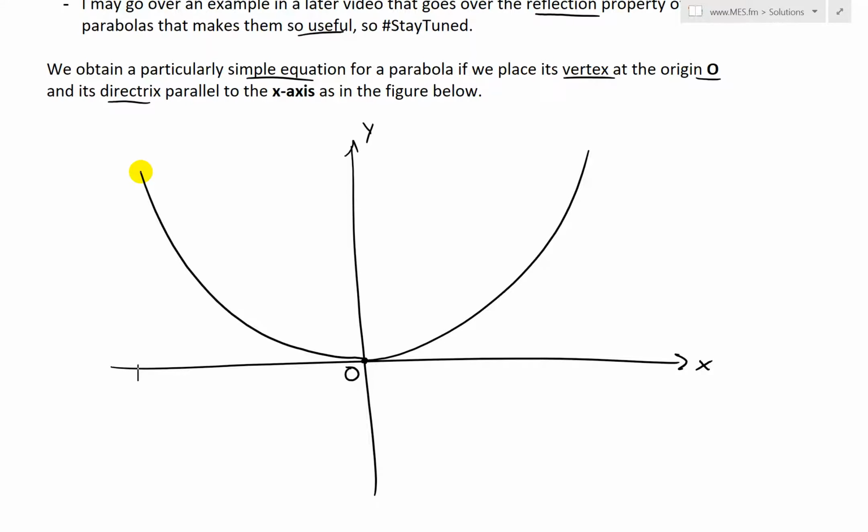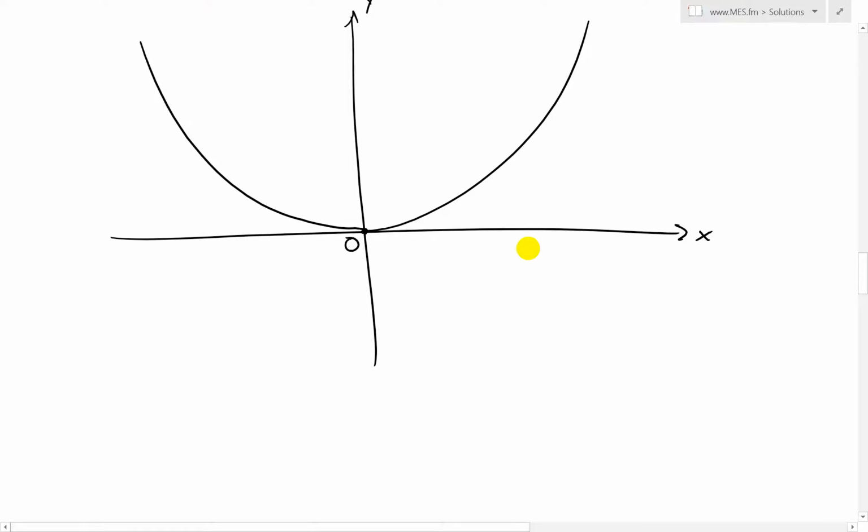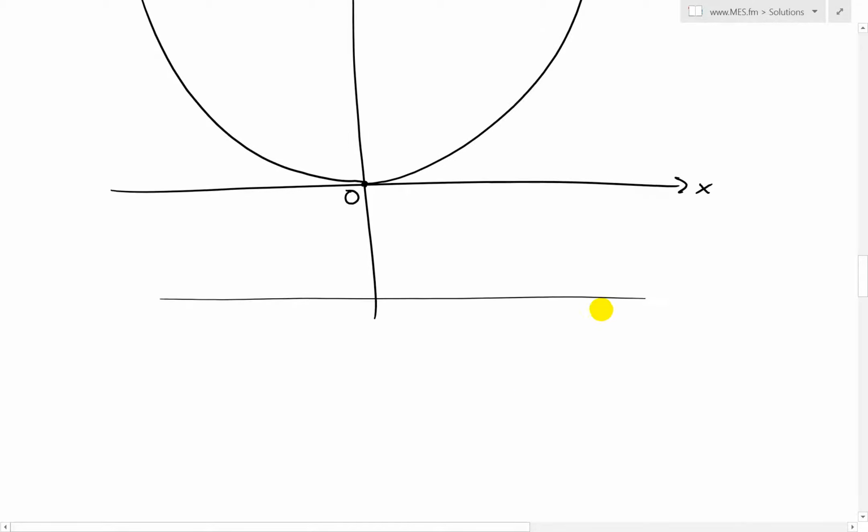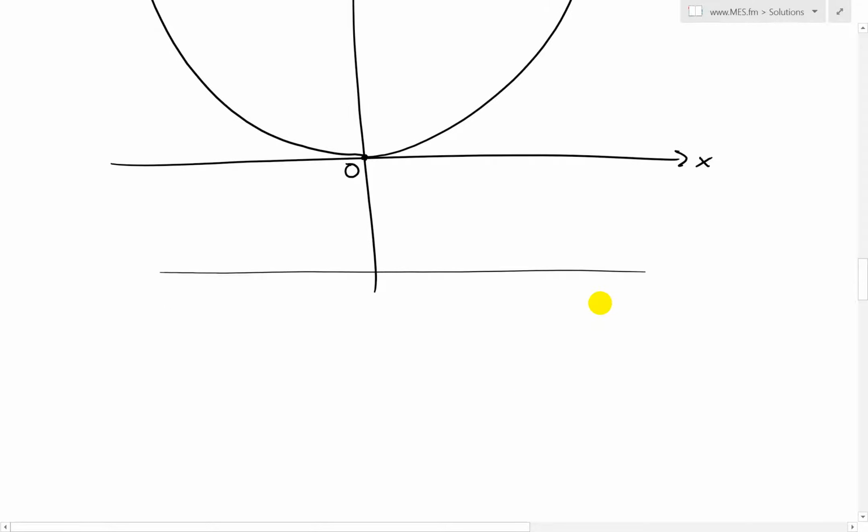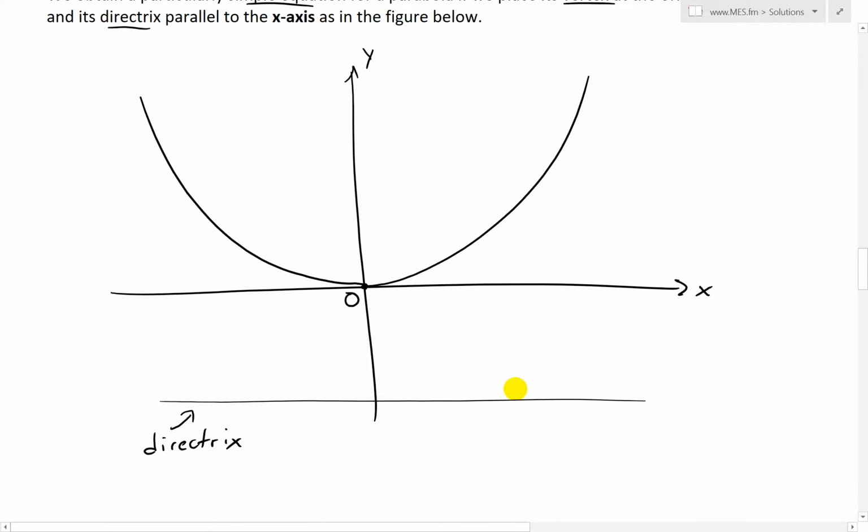And now its directrix is parallel to the x-axis. So if we have it like that, then when we have the directrix, I'm going to draw this in light shading over there, and this is just our directrix there. In this case we're going to have a focal point exactly the same distance from here to here somewhere, so it's going to be somewhere like that, and this is our point F.